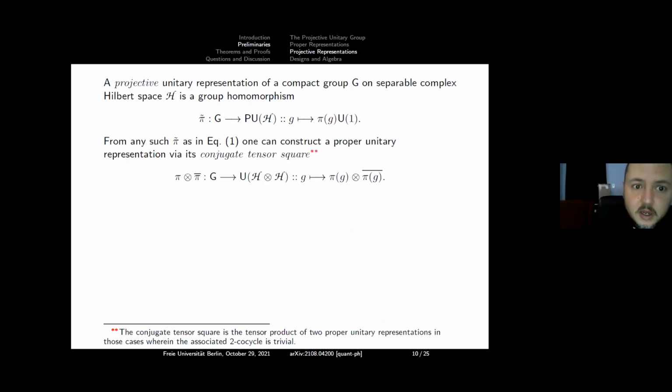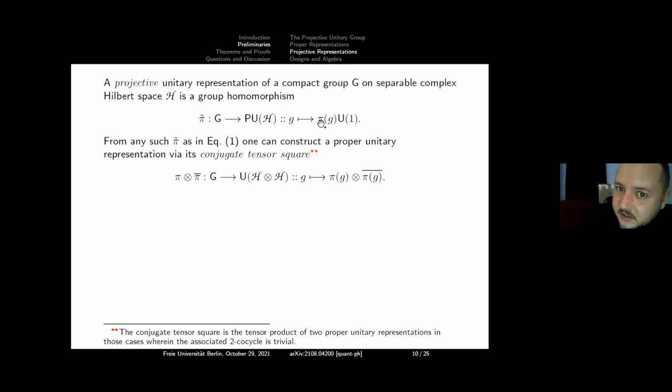Okay. Notice that from any projective rep, I can construct a proper unitary rep via its conjugate tensor square. At this stage, this is a symbol. I'm going to construct a representation from G to the unitary group on the tensor product Hilbert space that takes little g to pi of g tensor pi of g complex conjugate.